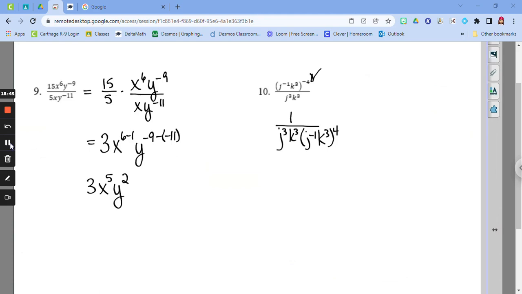So I've got power to a power right here. So I'm going to take care of that first. So negative 1 times 4, negative 4. 3 times 4, 12.